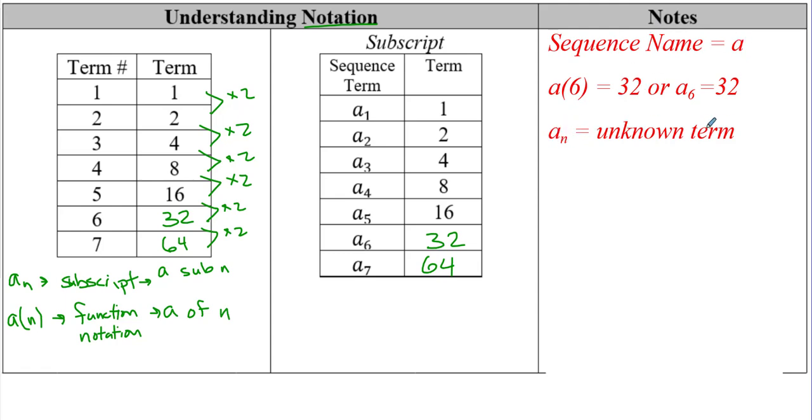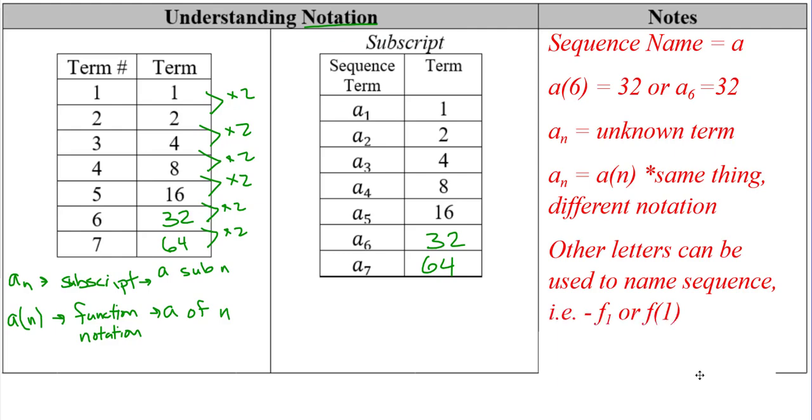So A sub n is our unknown term, and this is going to be helpful to us once we start writing some formulas. Like the A of 6 and A sub 6, different notation is okay. These mean the same thing, so A sub n is going to be the same thing as A of n.